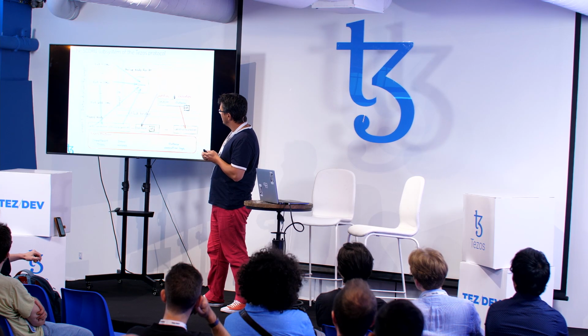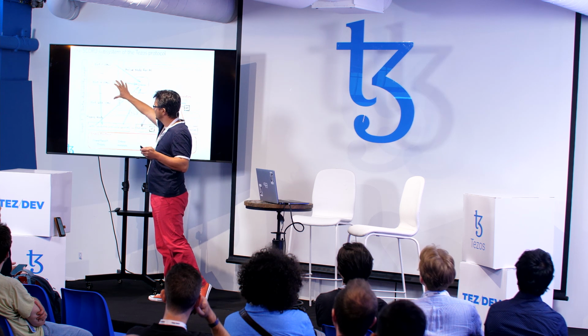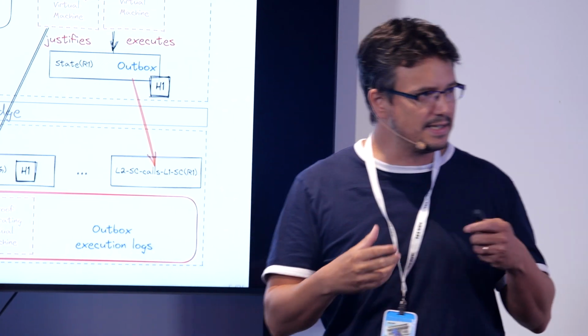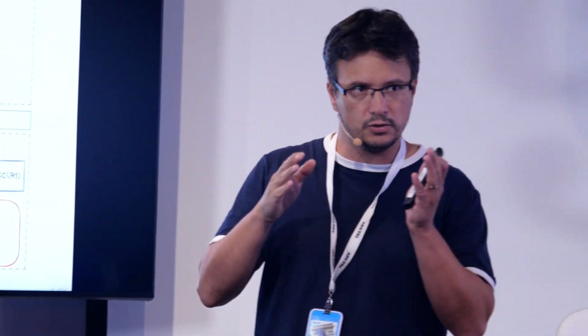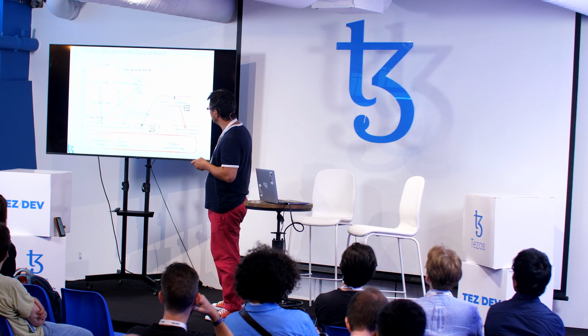I won't go into more details, but as Arthur said, what is really important with this layer is the ability to significantly increase the bandwidth of the system without forcing all the nodes to download everything. That's something that we are implementing.